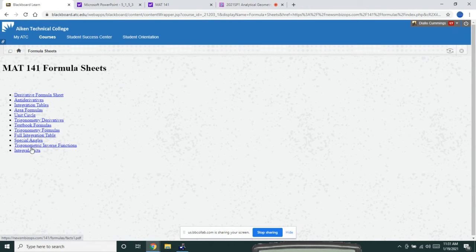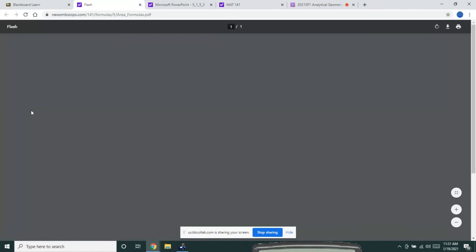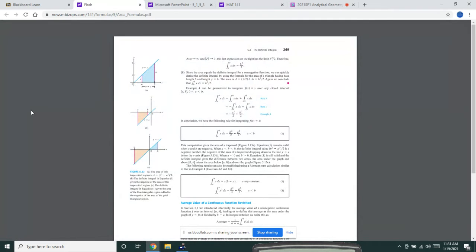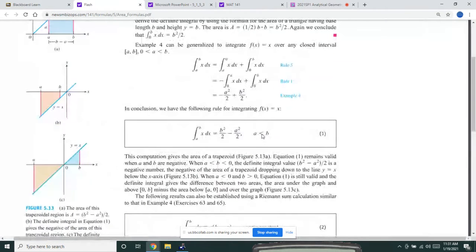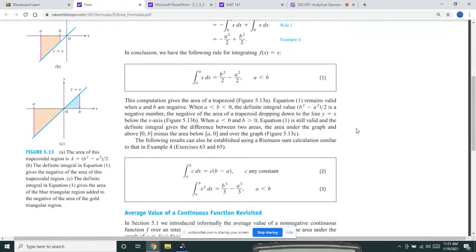I want to go into this area formulas link. Here we actually have, I believe, 3 formulas.